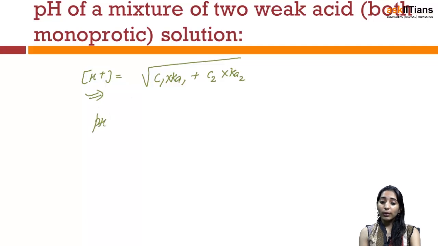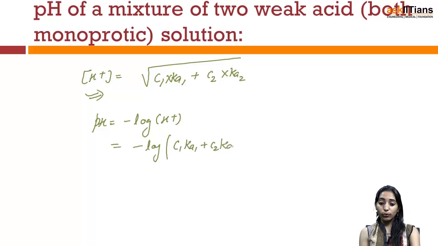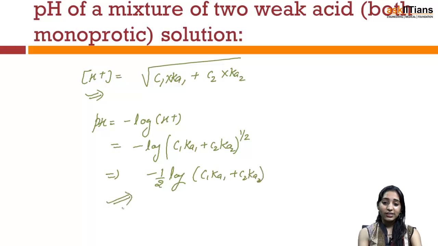Now using the formula pH is equal to minus log of H positive, I can say minus log of C1 Ka1 plus C2 Ka2 raised to the power 1 by 2. So minus log m raised to the power n gives minus 1 by 2 log C1 Ka1 plus C2 Ka2. We will use this formula to find the pH of such a kind of solution.